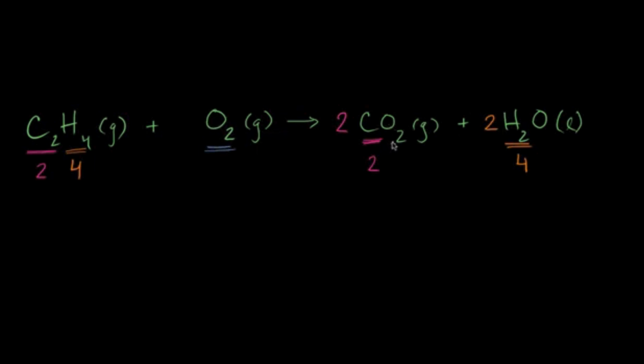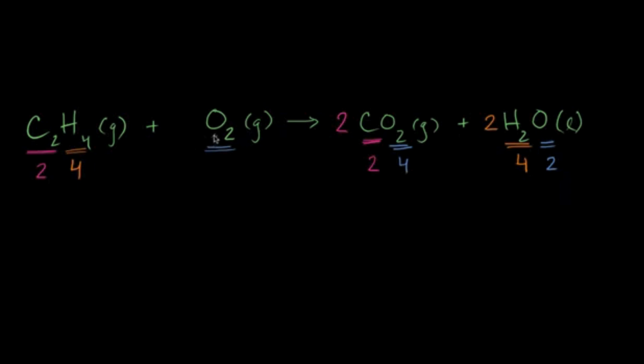And on the right-hand side, actually, let me count this. I have 2 CO2s, really. So this is going to be 4 oxygens here. And then each of these water molecules has 1 oxygen, but I have 2 water molecules, so this is going to be 2 oxygens. So on the right-hand side, I have 4 plus 2 oxygens. So I have 6 oxygens on the right-hand side.